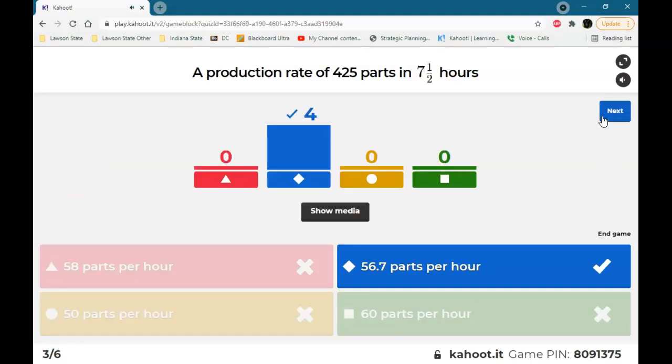All right, so it looks like those of you that were able to answer got it right. 56.7 parts per hour. So you'd literally take 425 and divide it by 7.5. Should get 56.7, right?